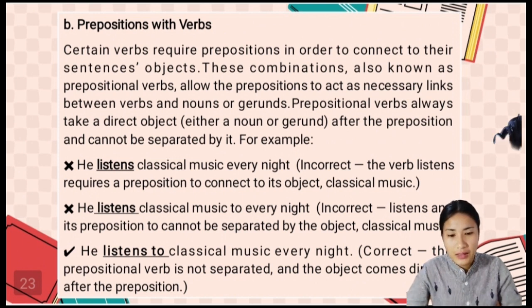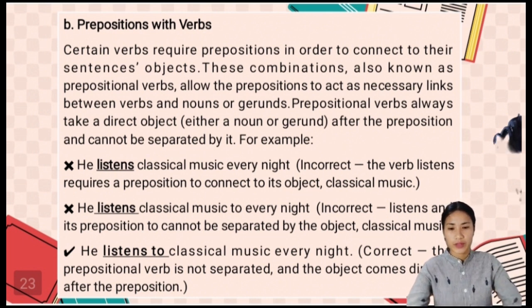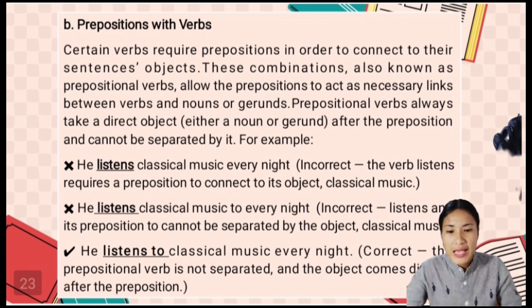Let's see the correct preposition with verbs. Here we put the example where the preposition with the verb is incorrect and correct. Let's look at the examples. The first example: he listens classical music every night.